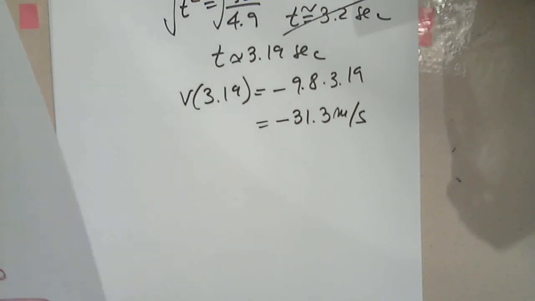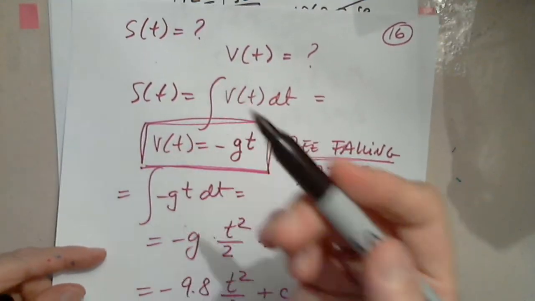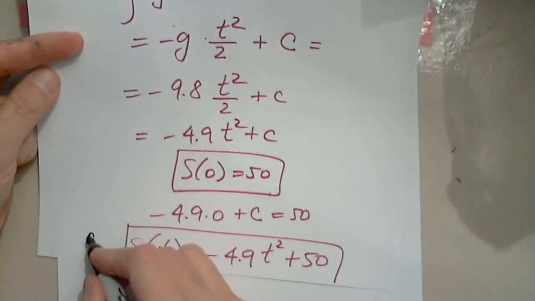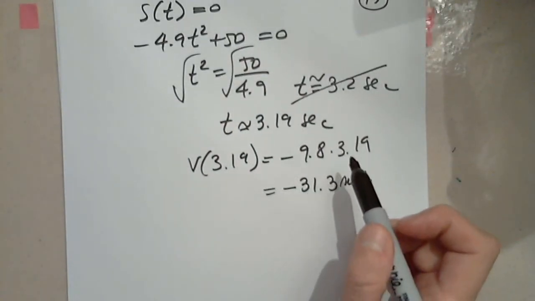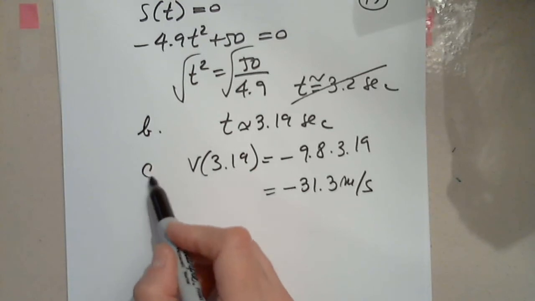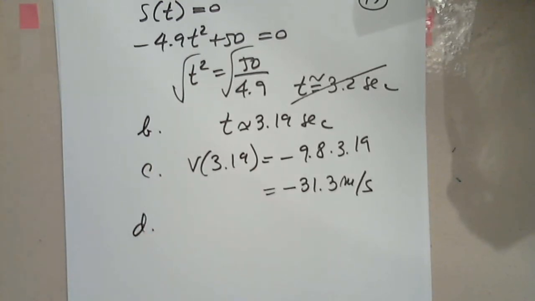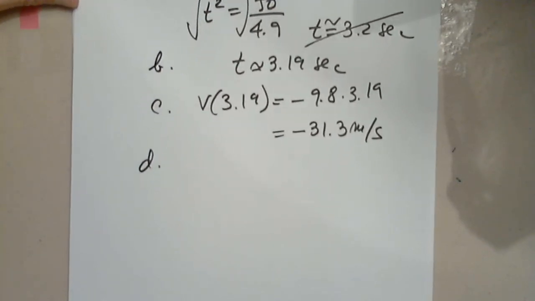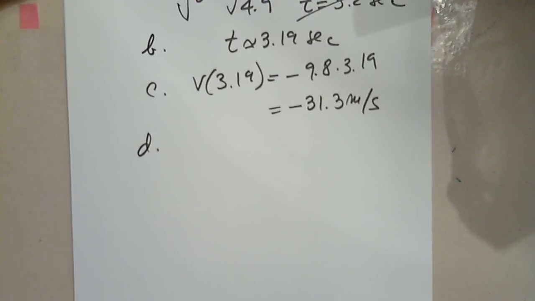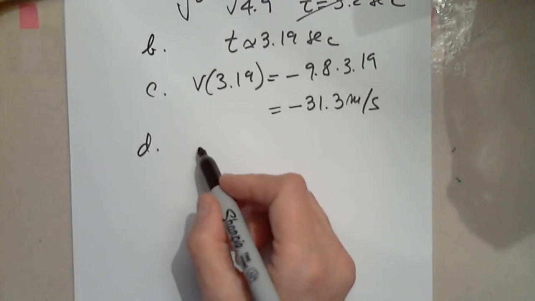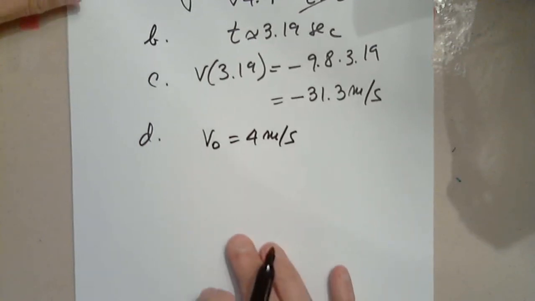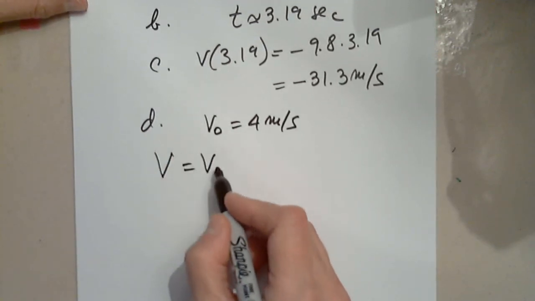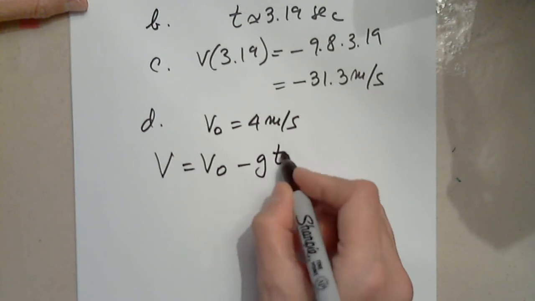This is part A. This is part B. This is part C, and now we want part D. What does it say for you? So mine's 4 meters per second. Okay, so that's V0, which is 4 meters per second. So now the velocity is V0 minus GT.